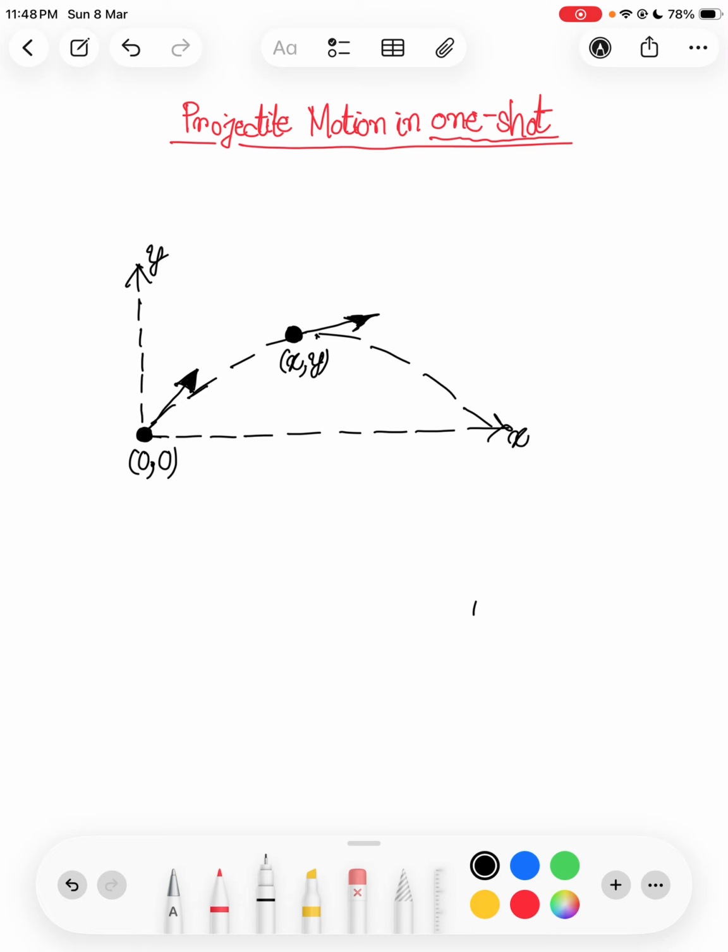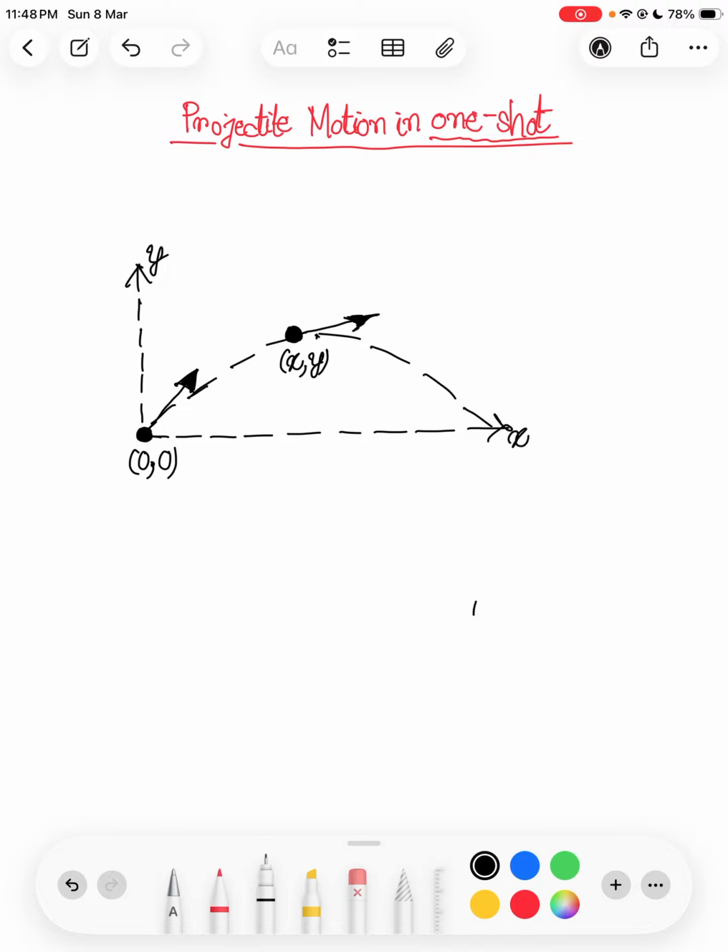And after that we will also have another assumption that acceleration is only due to gravity, and the acceleration g is downward and constant. As we already gave an example, you can think of a cricket ball or throwing any ball, any object, any stone as a projectile.